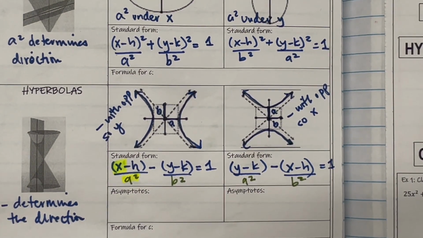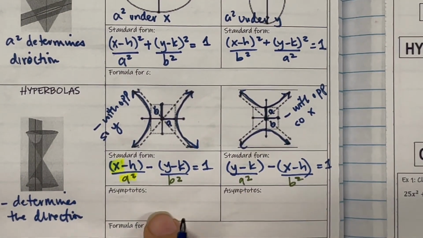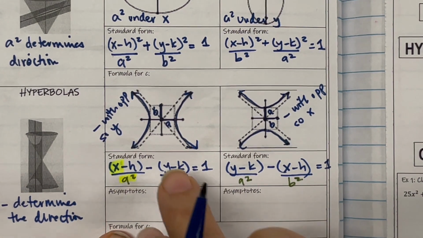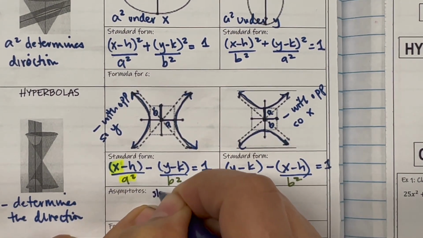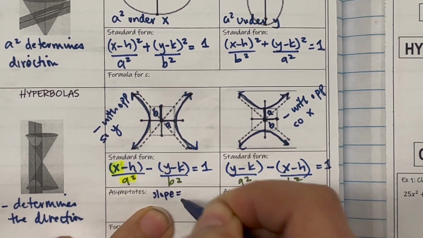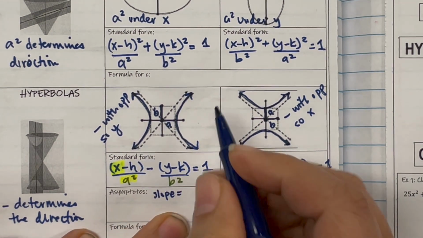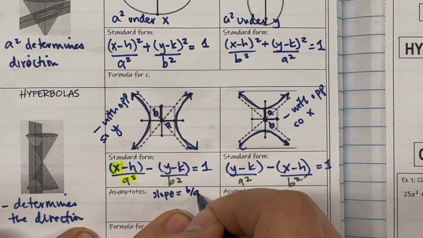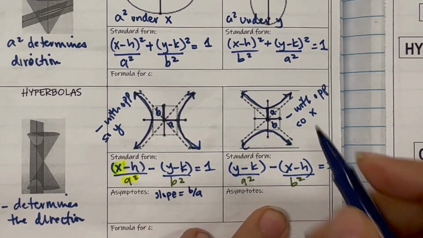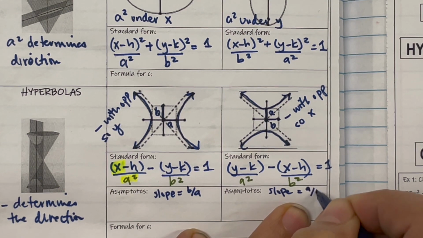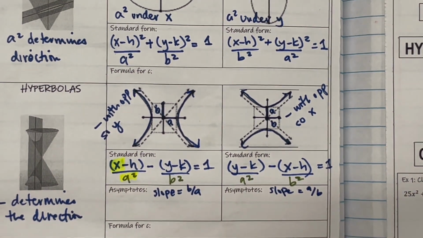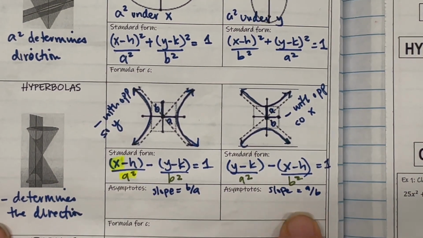In terms of the asymptotes, the formula for a horizontal one, yeah, this is horizontal. You just need to know that your slope for a horizontal one every single time is B over A. For a vertical one, your slope is the opposite, A over B. Once you know that, the equation is the same thing with just the slope being different.